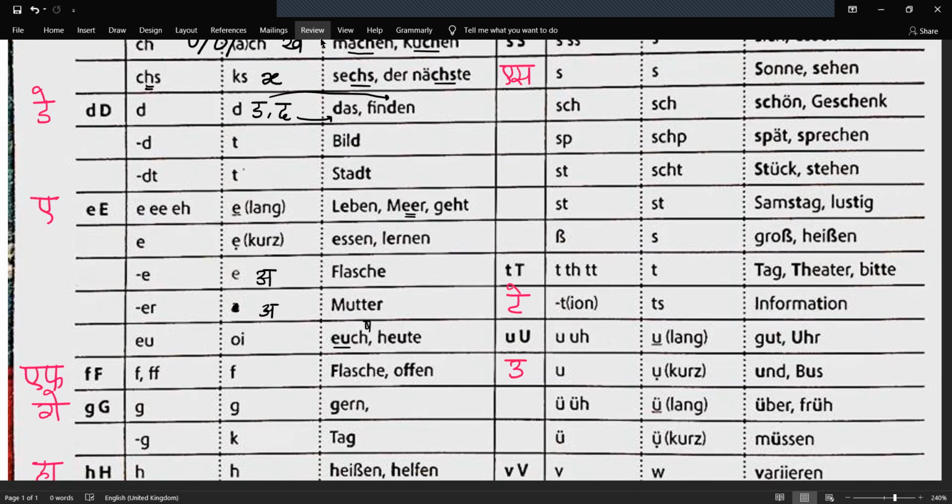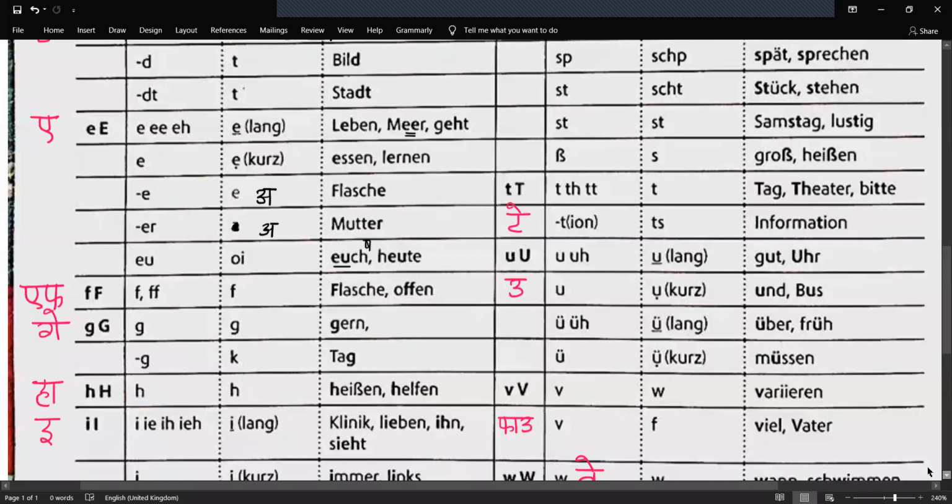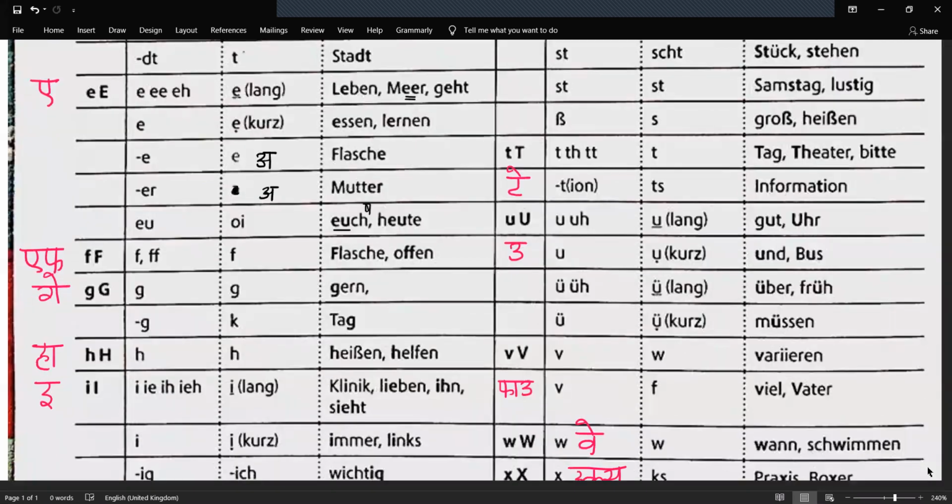But this is euch. And the next is heute. Then F, F sound, flasher, often. G, G sound, gern. But if a word ends with G, then it has a subtle k. So this is not tiger, but tag.